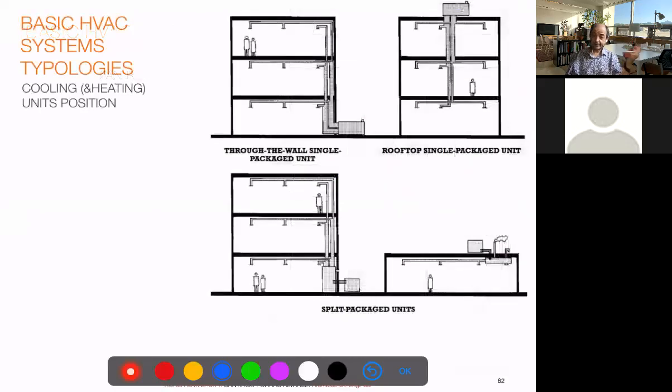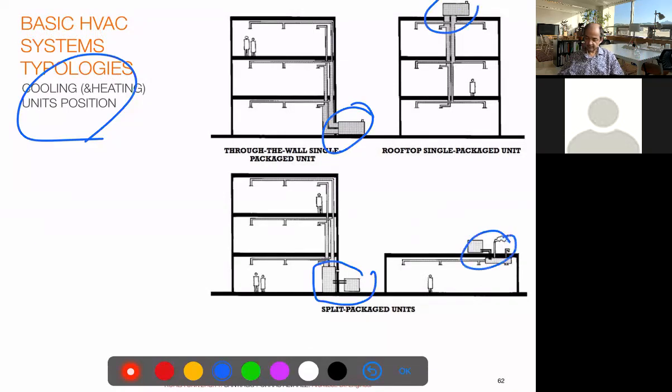For the cooling and heating units, it's not the fans, but just the boilers or the coolers, which again can be in the lower part, on the ceiling, or just split nearby. So you have less distance between the interior unit and the exterior unit, condenser inside and evaporator outside, I think.